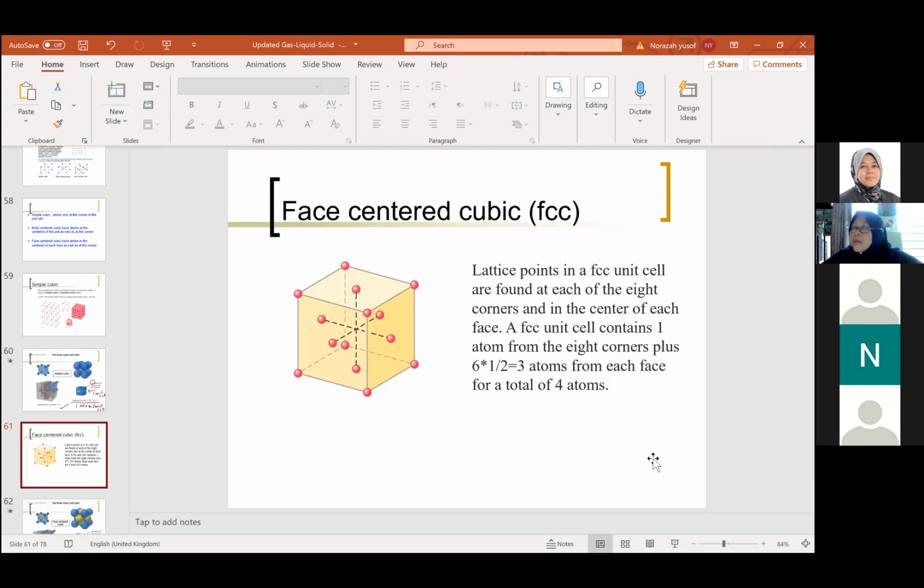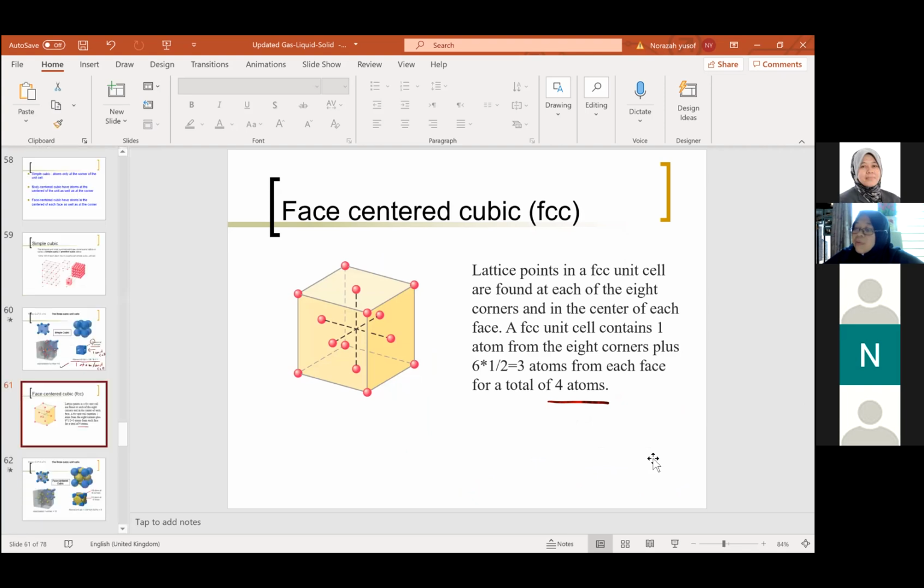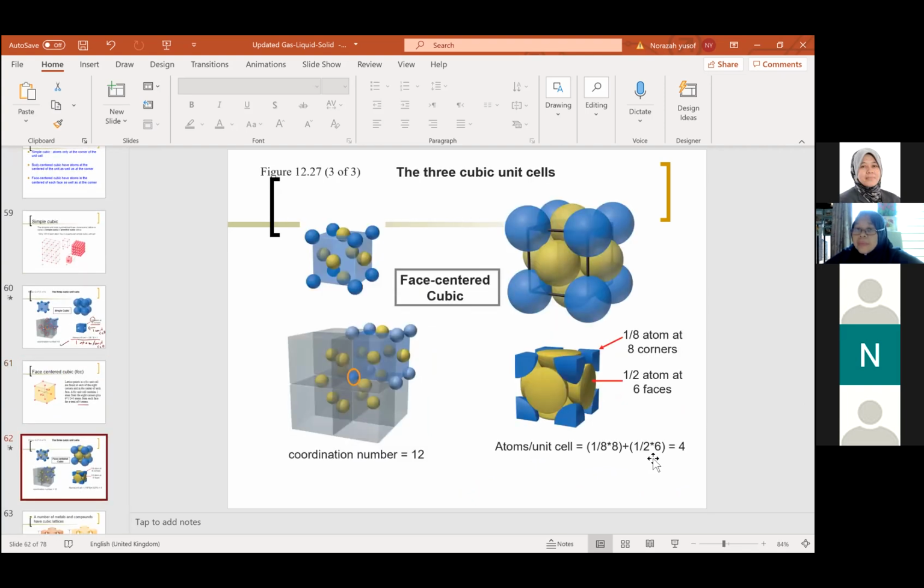Now the second lattice structure, face-centered cubic. It is 4 atoms, but it's easier if you look at this one. How do we get 4 atoms? Again, this is the unit cell for face-centered cubic.